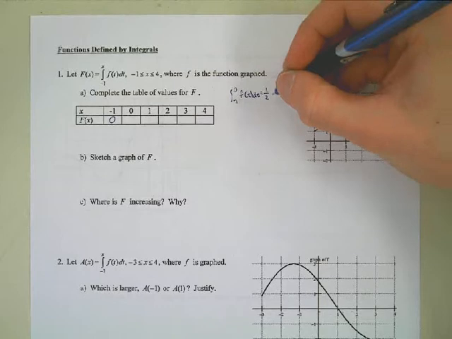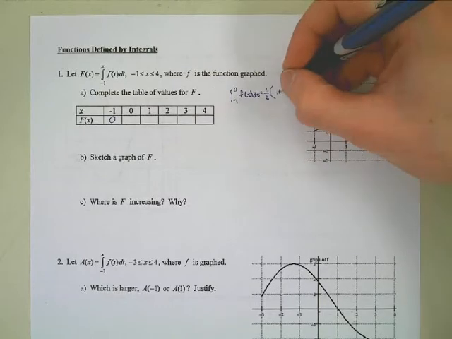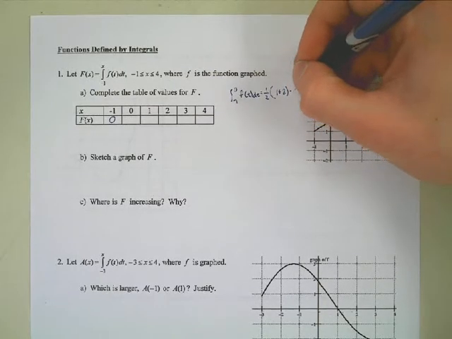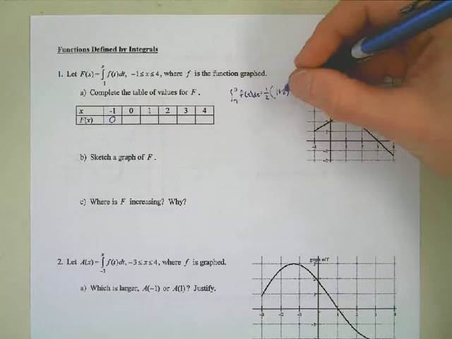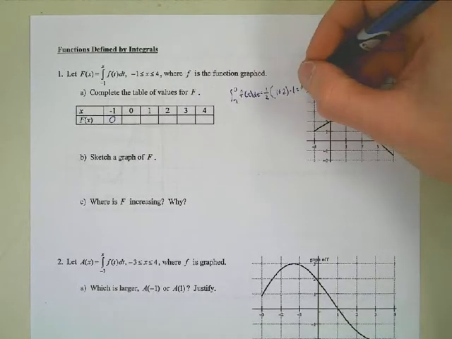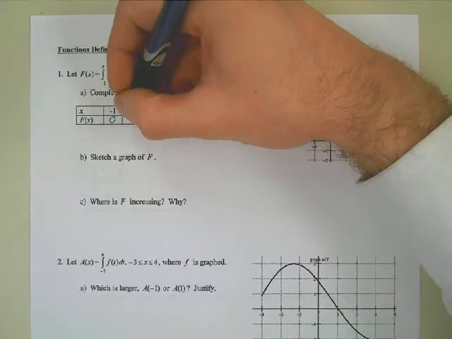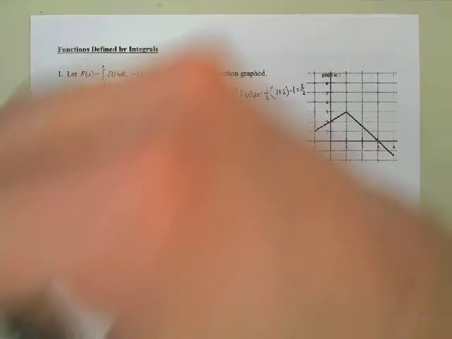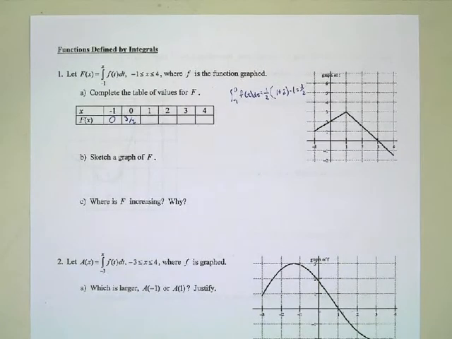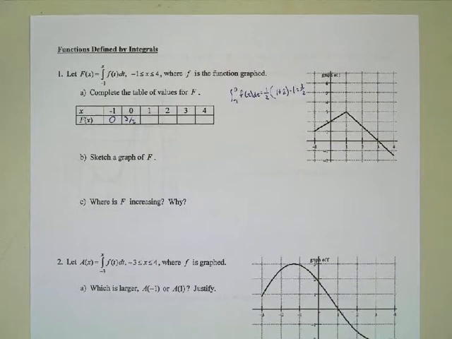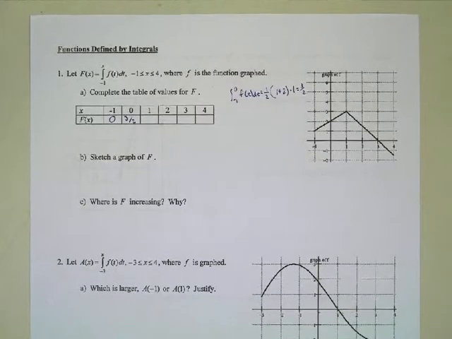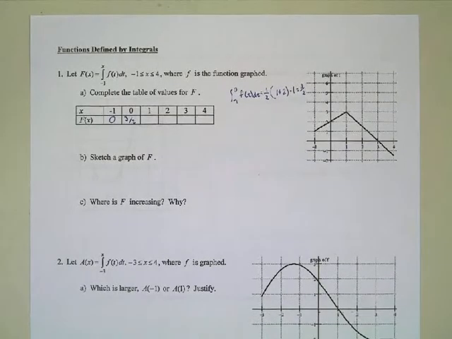So it'll be 1/2 times base 1, which is 1, plus base 2, which is 2, times the height of 1. And so that gives us 3/2. So the value here is 3/2. Okay? That's that. All right, go ahead, fill out the rest of that table.